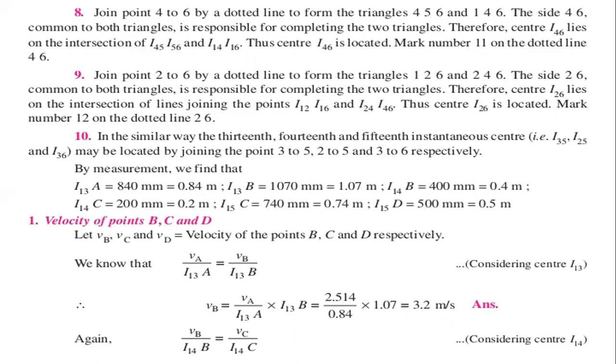So we know the velocity of A, and the lengths of instantaneous center I13 to A and I13 to B. So we have taken I13 of A and I13 of B by measurement.